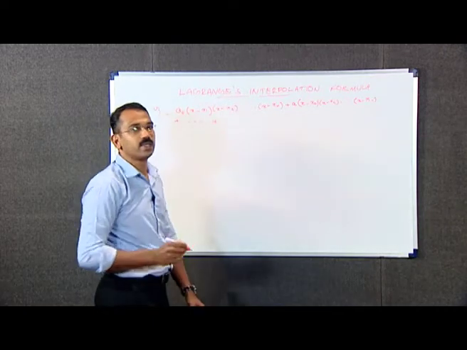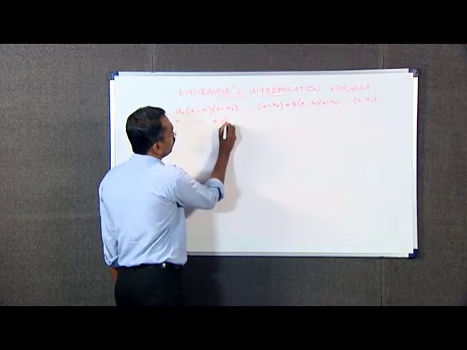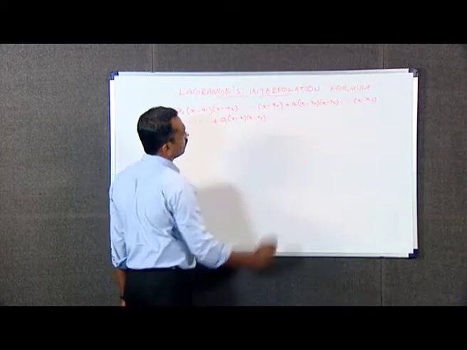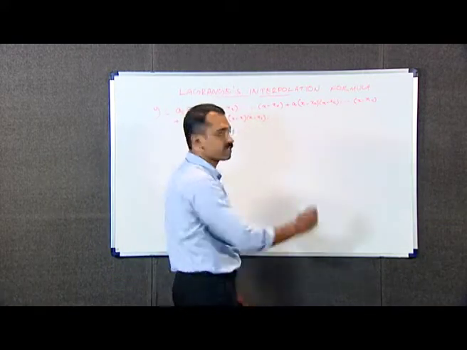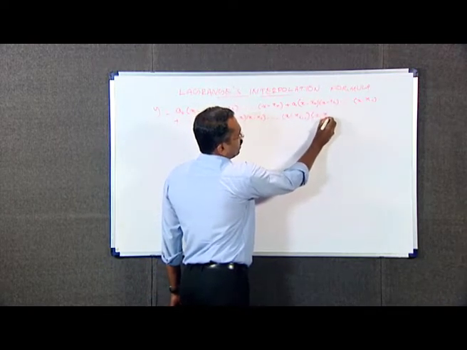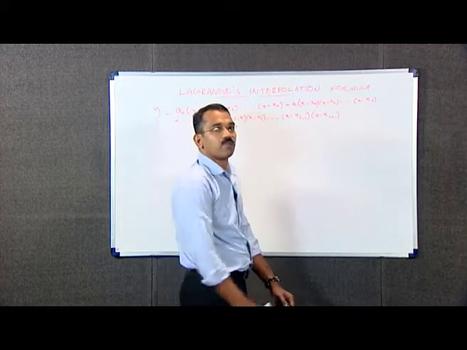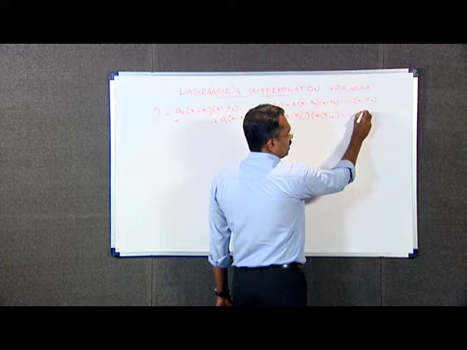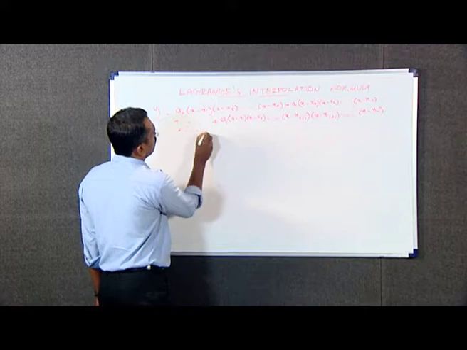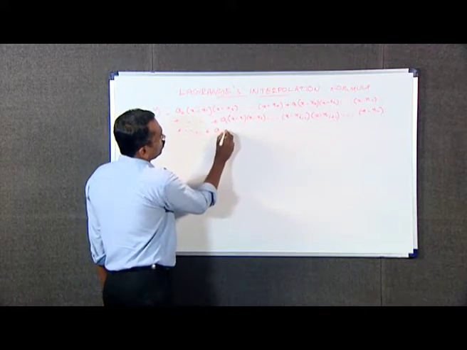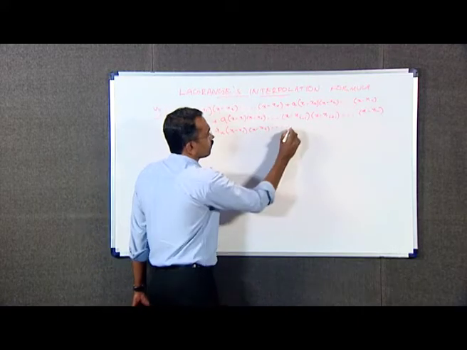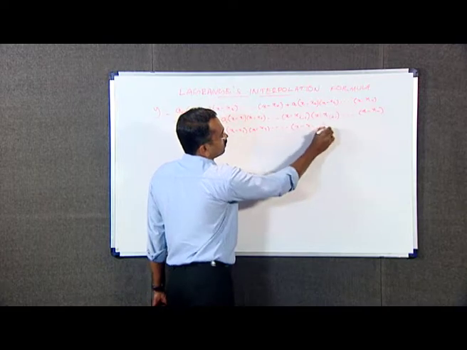Plus, in general, ai into (x minus x1)(x minus x2) etc. (x minus xi minus 1)(x minus xi plus 1) etc. (x minus xn), plus etc. The last term is an into (x minus x1)(x minus x2) etc. (x minus xn minus 1).